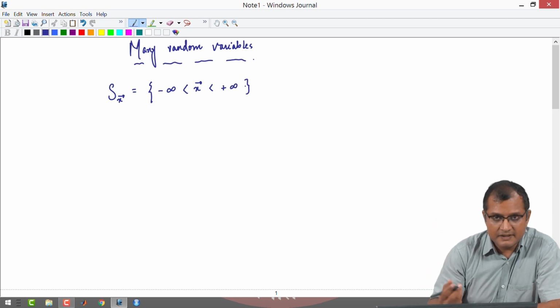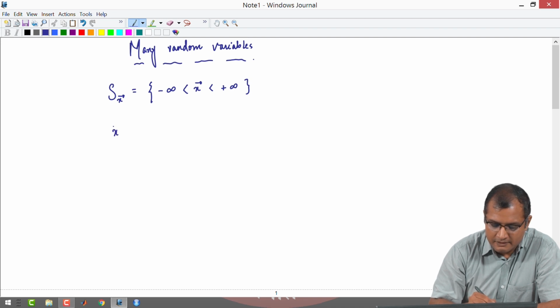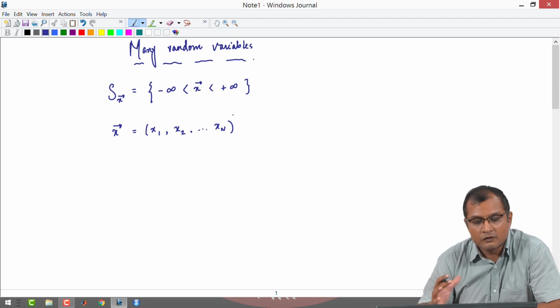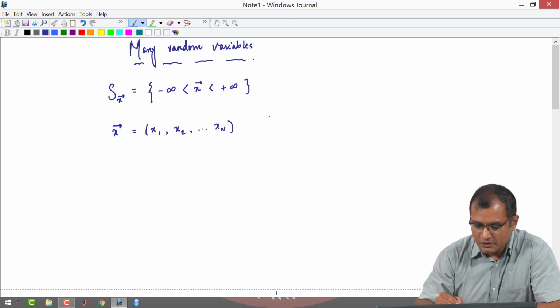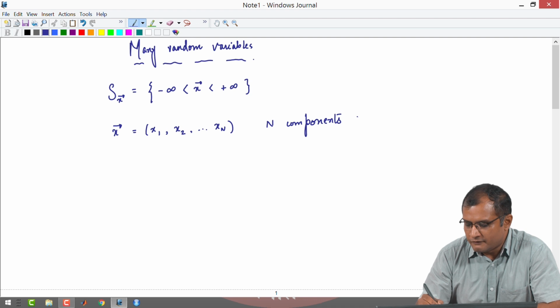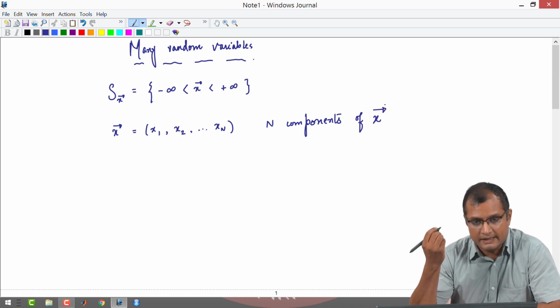Now the meaning of this is the following: x is a random vector, which means it has components, and each component can take values between minus infinity to plus infinity. That's the interpretation of the set of outcomes for n random variables. So these are like n components of the random vector x.